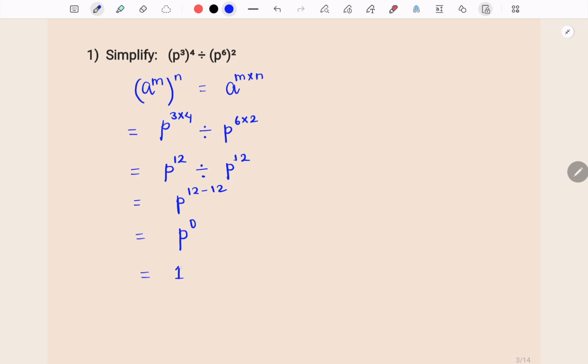Any non-zero number raised to the power 0 is 1, but we need to write explicitly that p must not be equal to 0 because 0 raised to the power 0 is undefined. So 1 is our final answer.